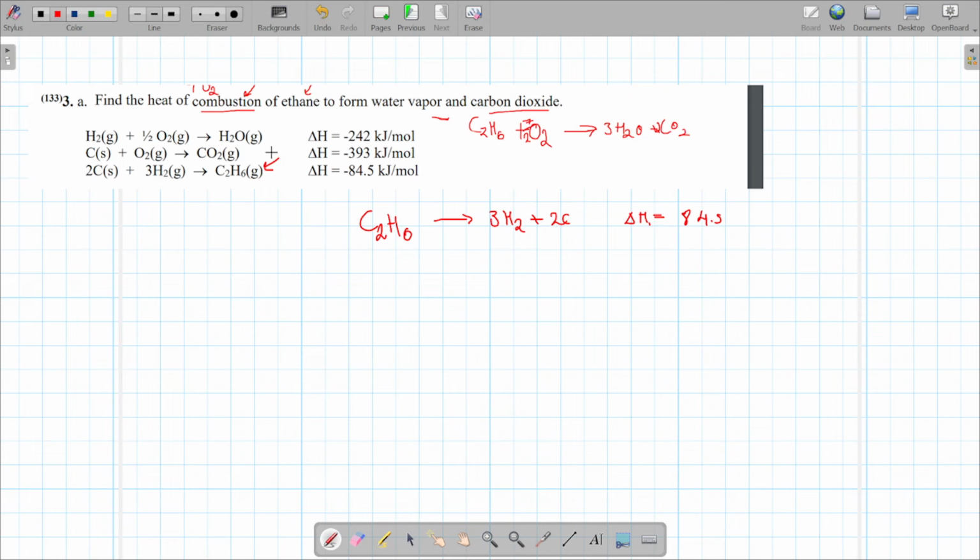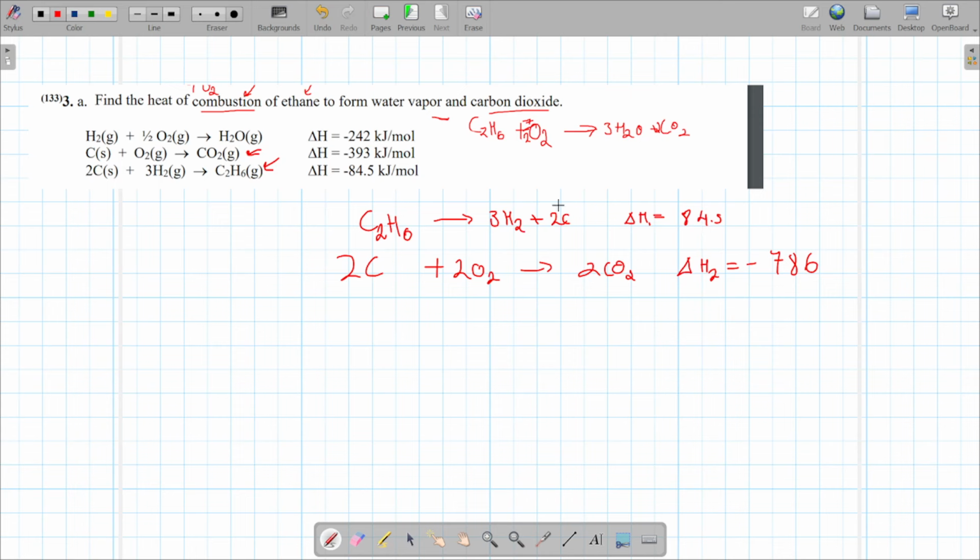Next we need CO2 on our product side, and it's on our product side over here. But we want 2 CO2, so let's multiply this one by 2. It becomes 2C plus 2O2 to produce 2 CO2, and delta H2 is negative. Multiplied by 2, it's minus 786.